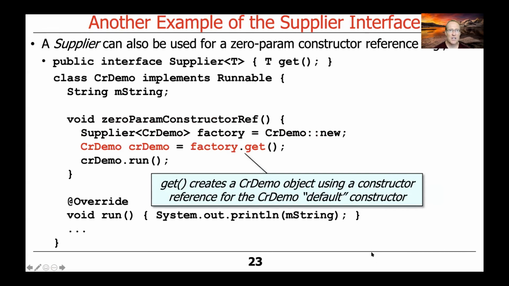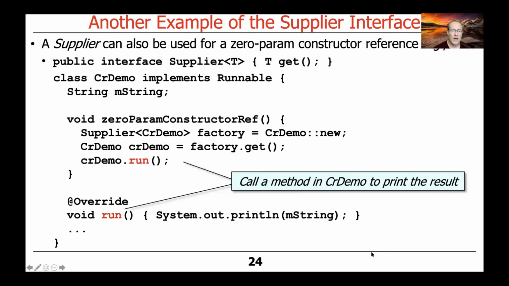So you can see down here, we can say factory.get, and that goes ahead and calls the constructor for CRDemo, and we'll get a CRDemo object. And then we can go ahead and say, hey, CRDemo object, run, do your thing. And because CRDemo implements the Runnable interface, it has a run hook method. And when the run hook method is called, in this case, we're just going to print out whatever the value of the string is. So that's the first example of this.